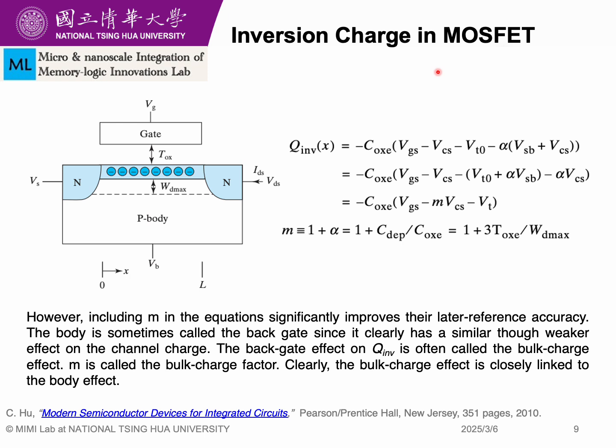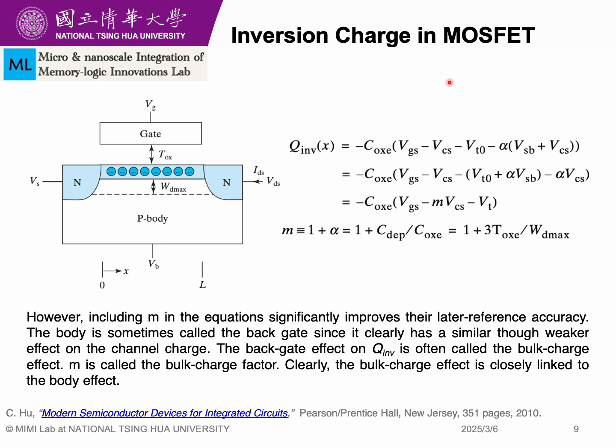Now this modified equation for Q inversion incorporates a factor called M, which is 1 plus alpha, and that accounts for the body effect's influence on the channel charge distribution.